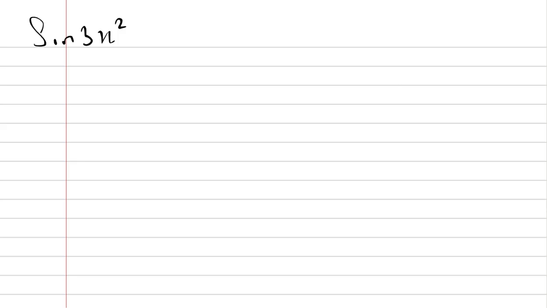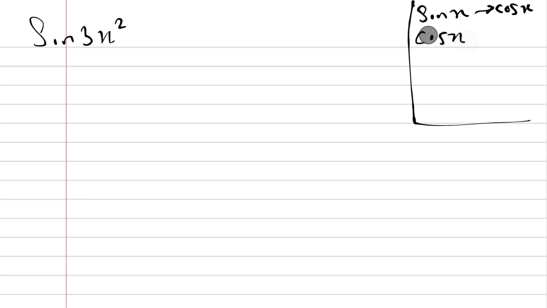Now the first thing you have to know, I think I didn't write this last time when I was explaining the table, is that if you differentiate sine x, you will get cos x. If you differentiate cos x, you will get minus sine x. Are you following?